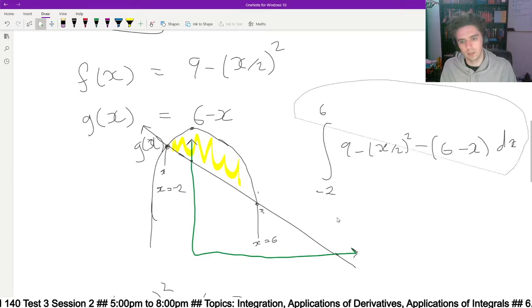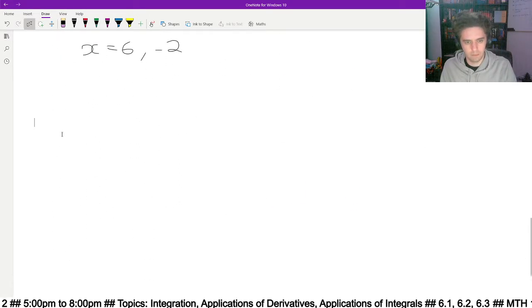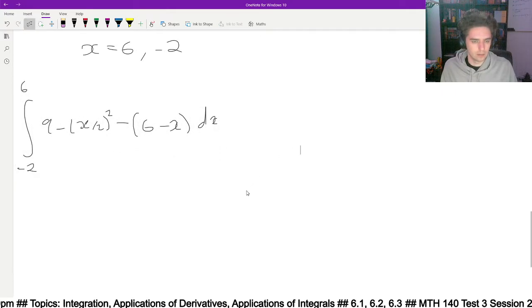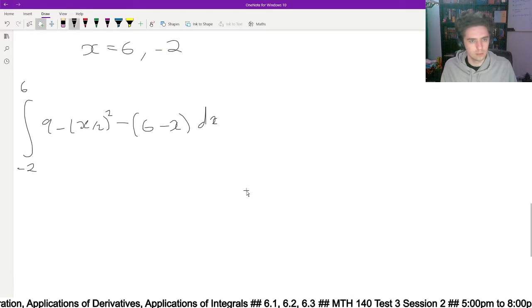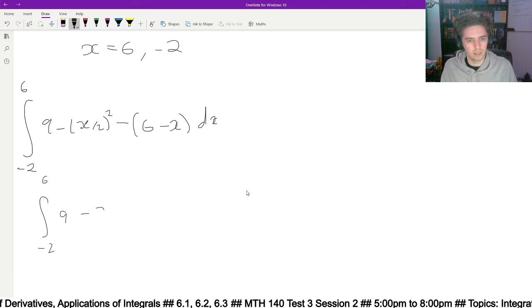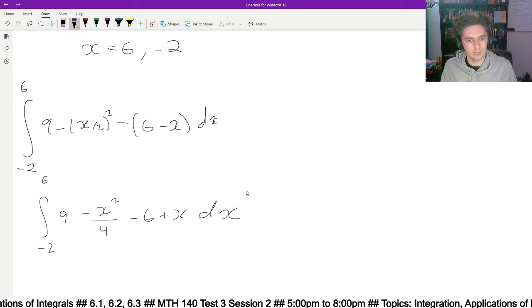So I'll just copy that, move it down here, and simplify it a little bit. From -2 to 6 of 9 minus x squared over 4 minus (6 plus x) dx.